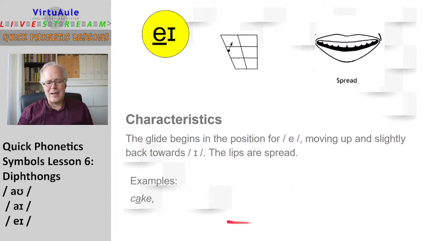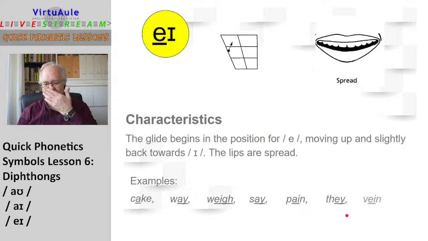We have the word cake, way, say, pain, they, vain.